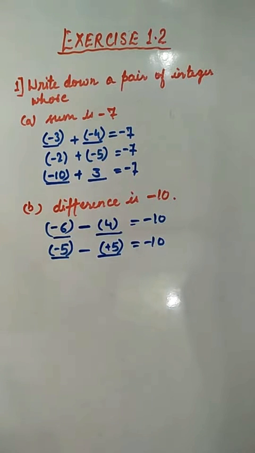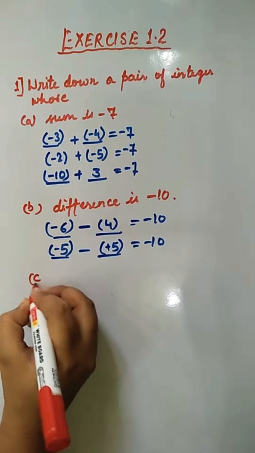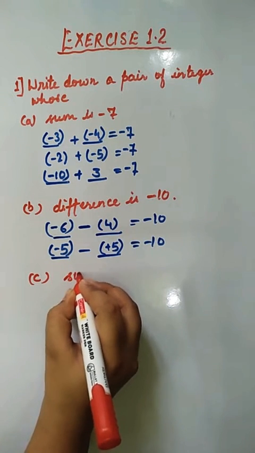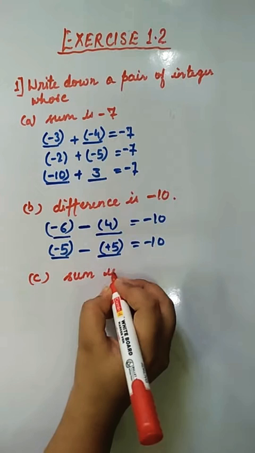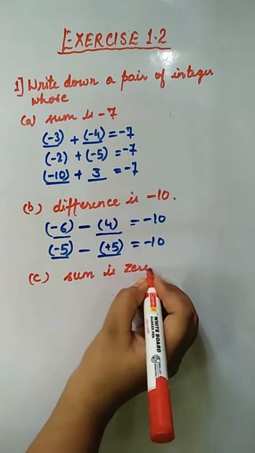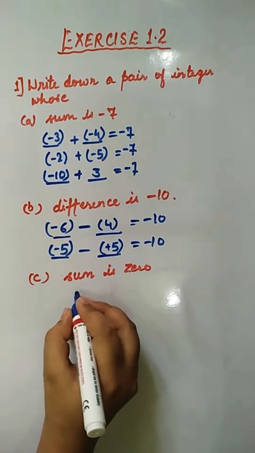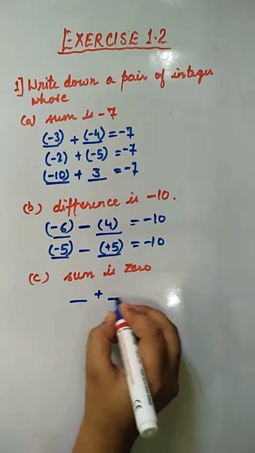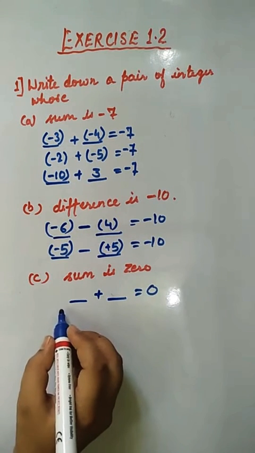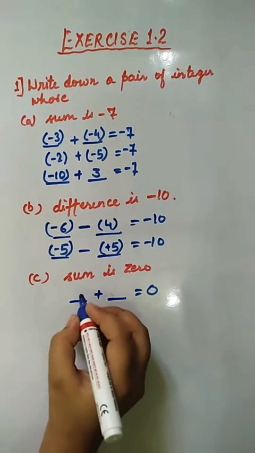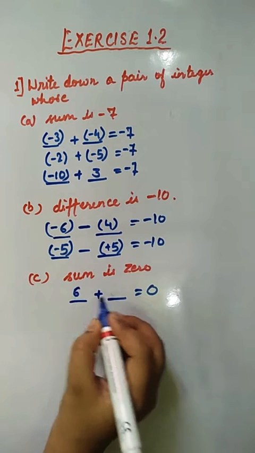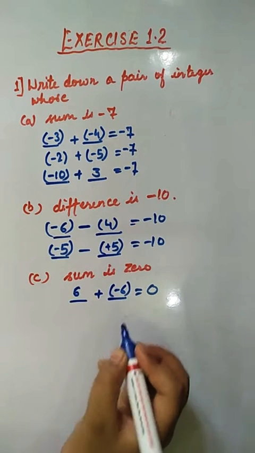Then third part, sum is 0. Sum is 0, so write a pair. Here it is understood that two integers can have sum 0 if one is positive and one is negative. So if we are taking 6, then the second one will be -6.